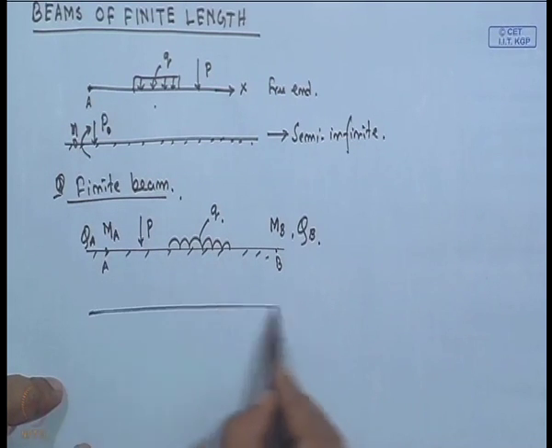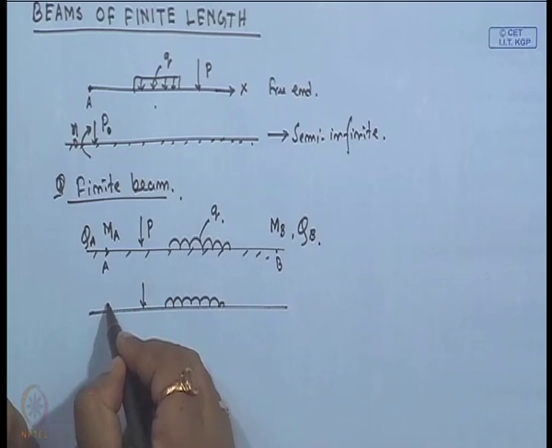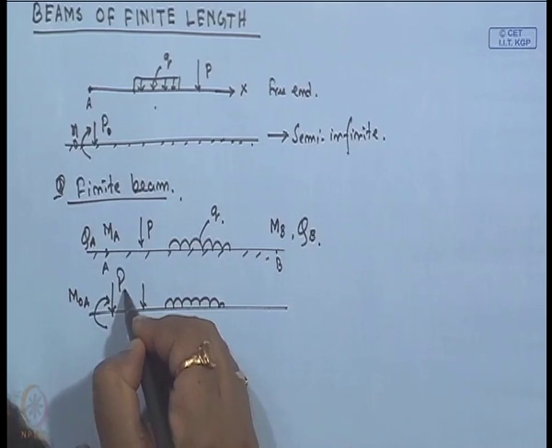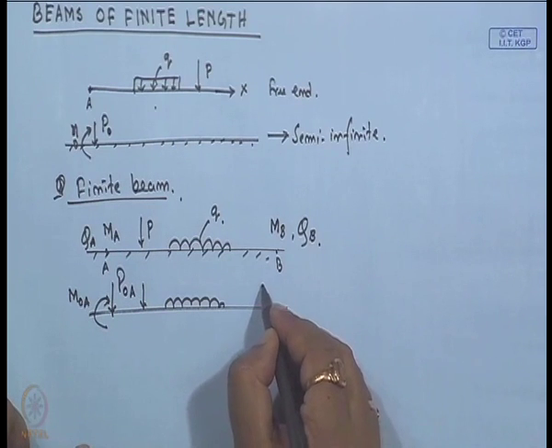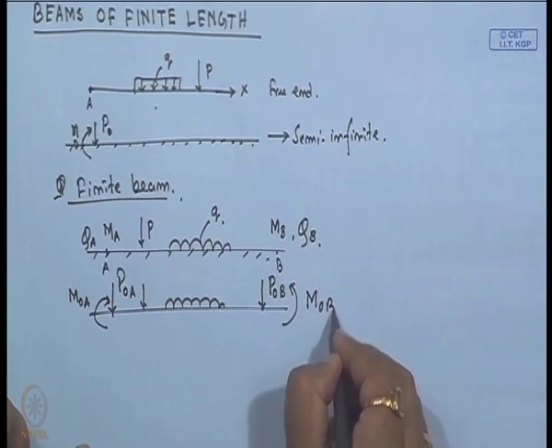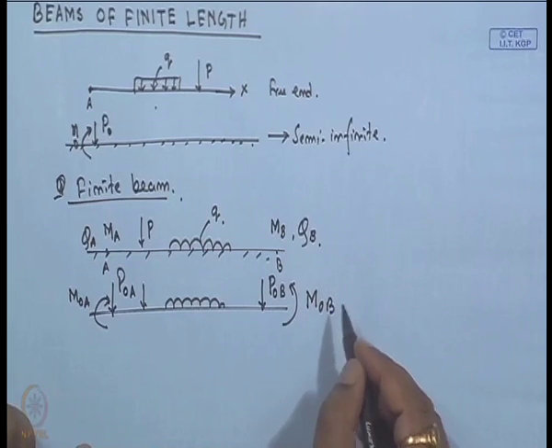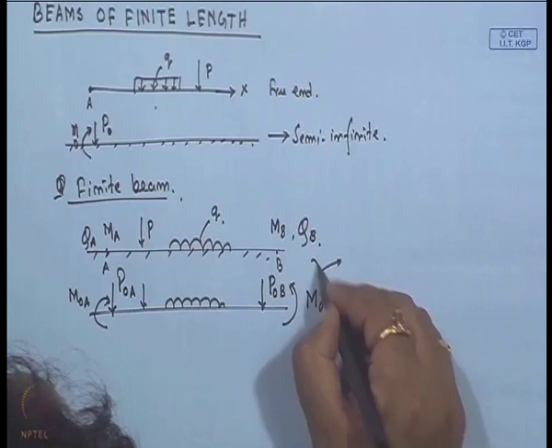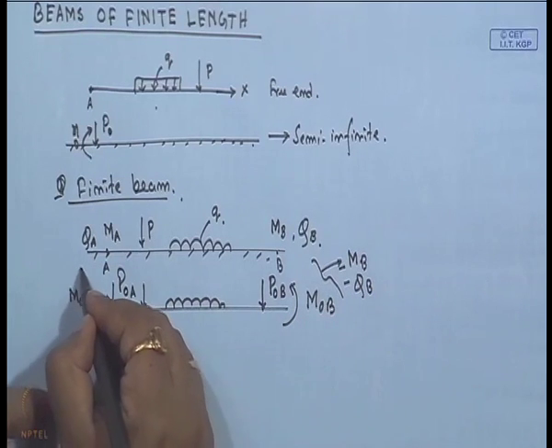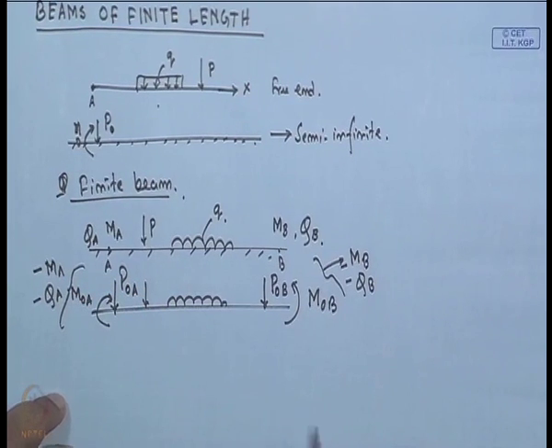To avoid these, for this finite beam we have to apply a moment M0 at A and force P0 at A, similarly force P0 at B and moment M0 at B, such that this will produce minus MB and minus QB, and this will produce minus MA and minus QA.